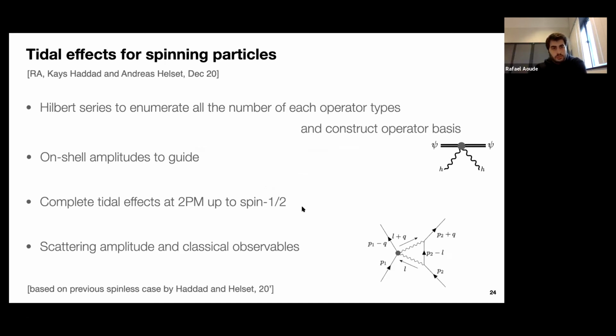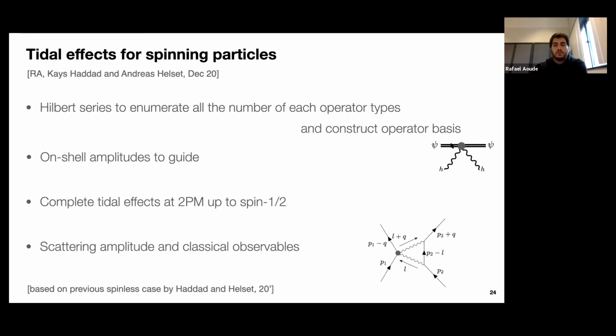What we want to calculate is the scattering of two spin-half fermions, where we include tidal effects in this vertex here. So we calculate the triangle diagrams. First we want to identify all the possible operators of such type, all the possible contact interactions, such that we can plug them in here and calculate this four-point amplitude.